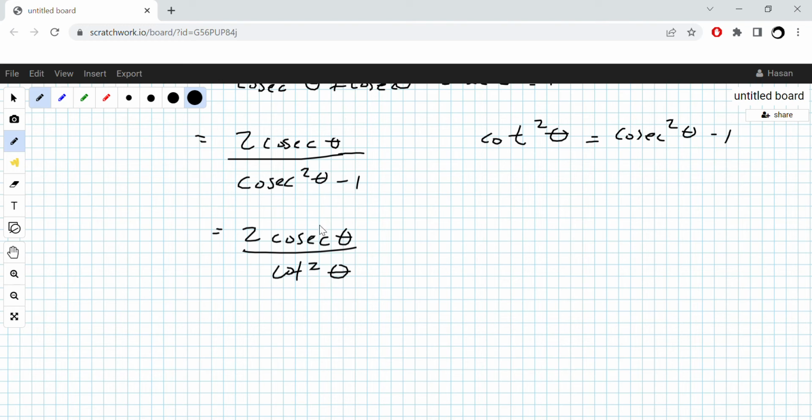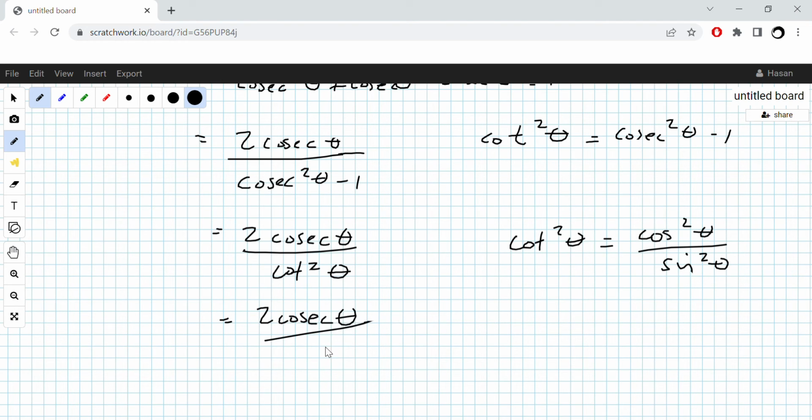And now we can rewrite cot squared theta as cos squared theta over sine squared theta, as that's our identity. So now we're left with 2 cosec theta over cos squared theta over sine squared theta.